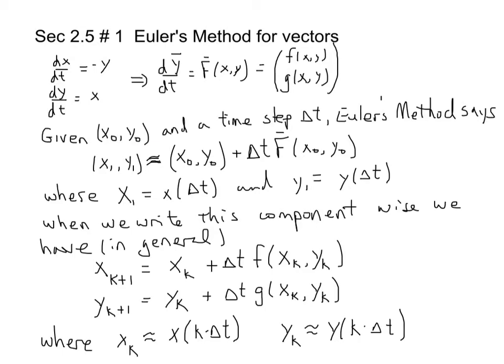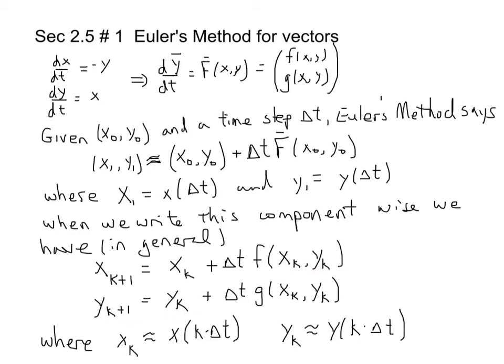When we write this component-wise, this is our general form: where you are at your k plus 1 time step is just where you were at your kth time step plus delta t times the slope in the x direction at the previous time step.